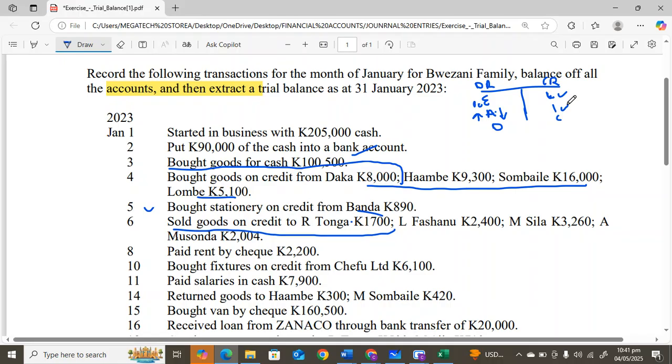Then you're going to debit Aratonga 1,700. Any questions?